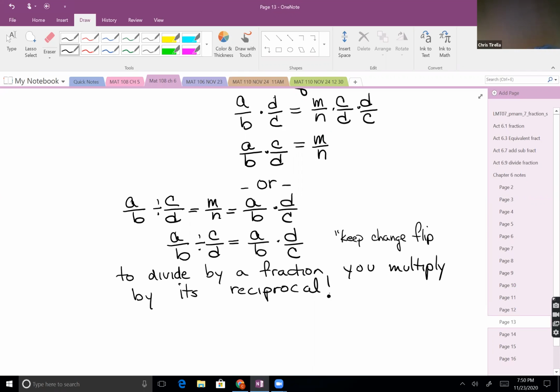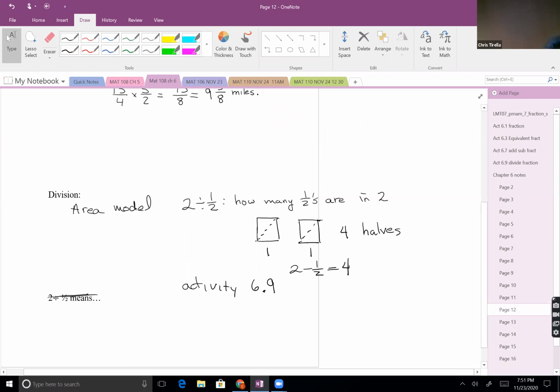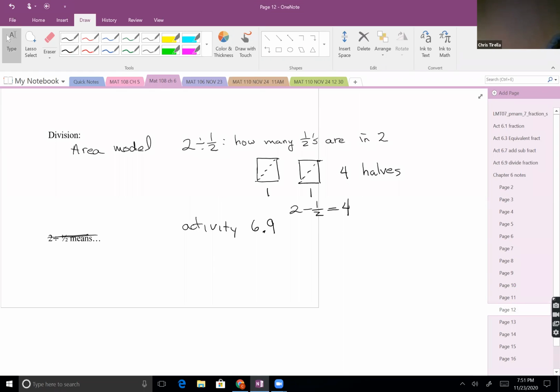So, what's that all about? I'm going to backtrack for a minute. And so, here, when we had 2 divided by a half, that whole number 2, we could think of as 2 over 1 divided by a half.